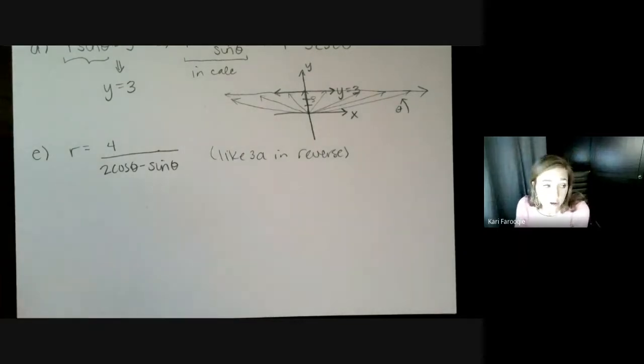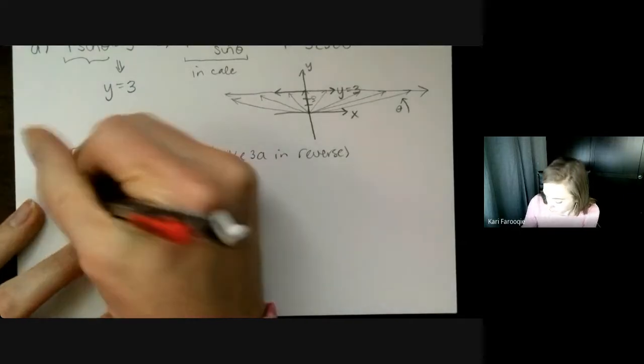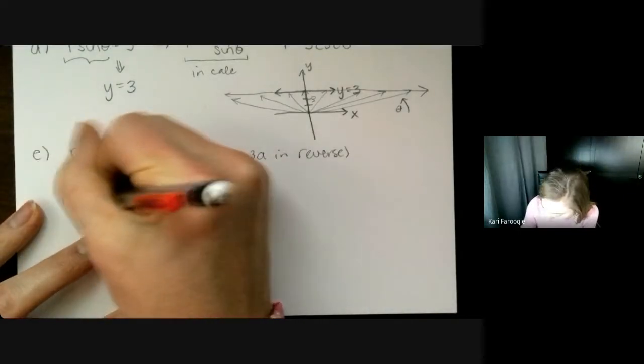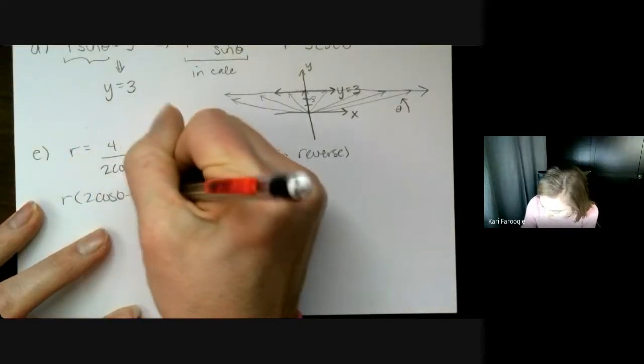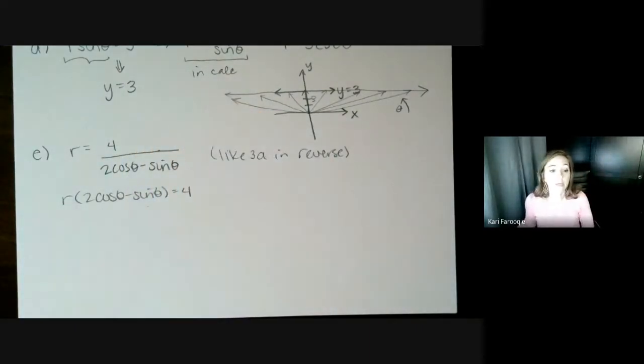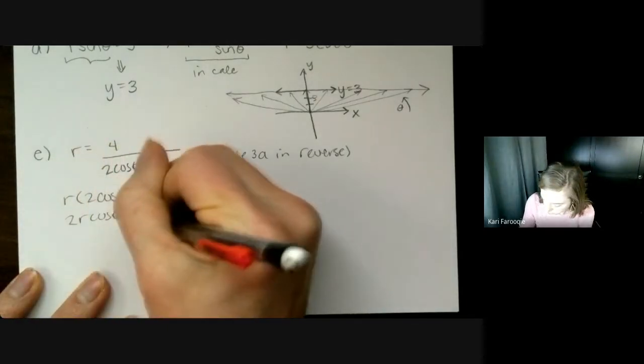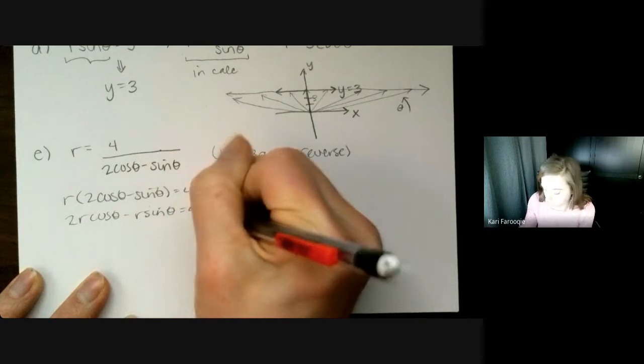Okay, so think about what you're looking for. You're looking for x equals r cosine theta, y equals r sine theta. So what you'll want to do here is cross multiply. And then distribute. So you'll have 2r cosine theta minus r sine theta equals 4.